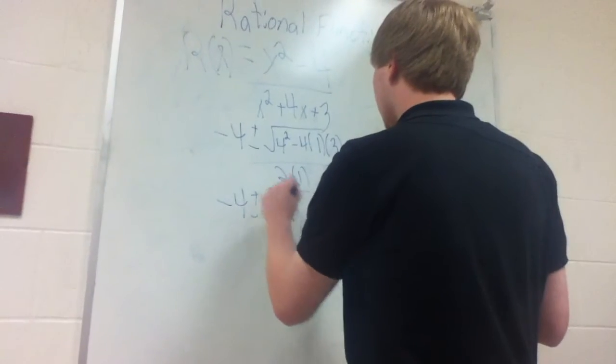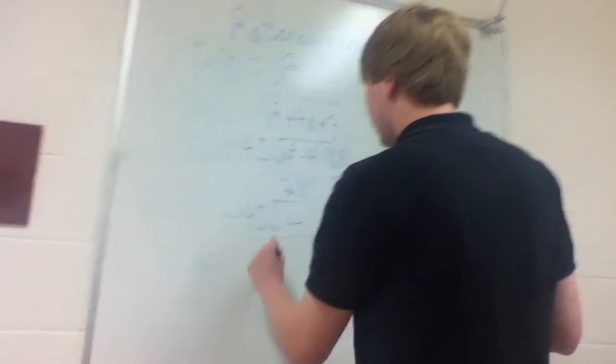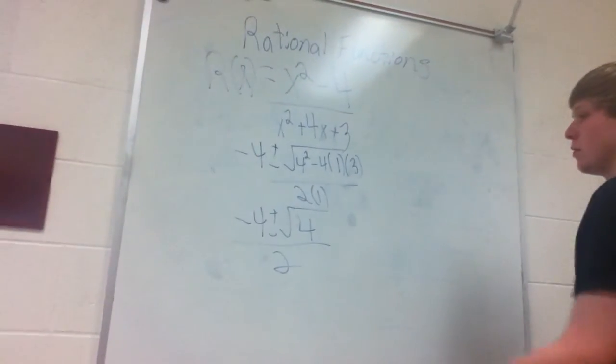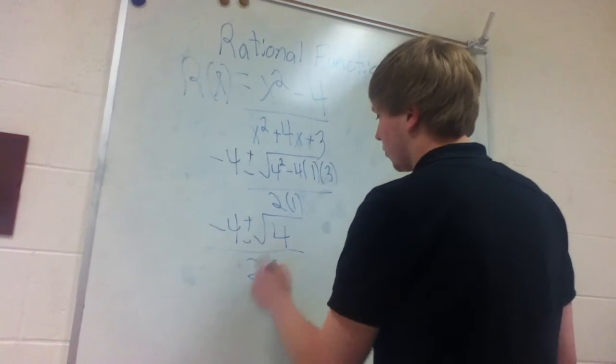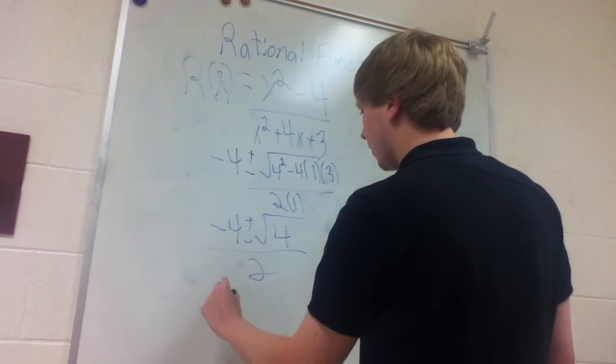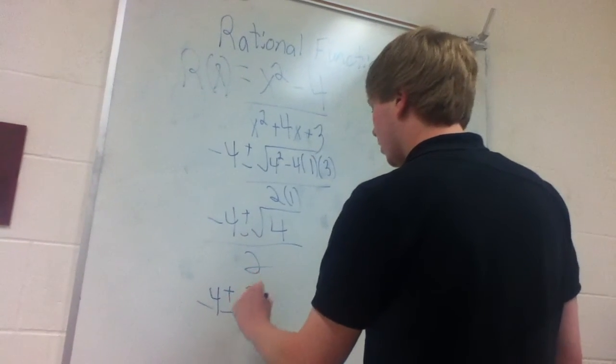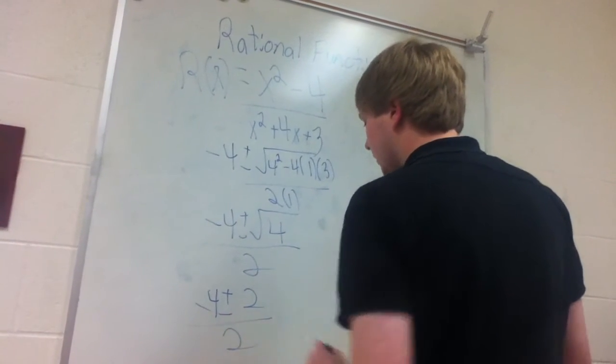You'll get 4 over 2. Now you want to solve for the square root of this, which equals -4 plus or minus 2 over 2.